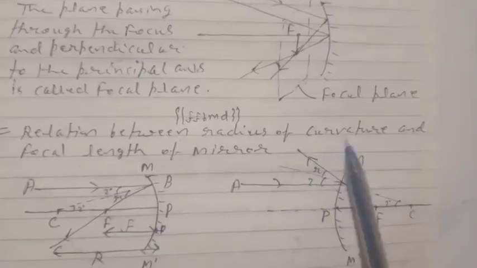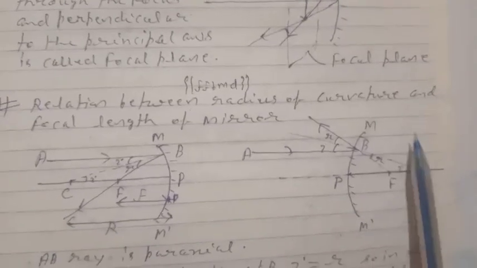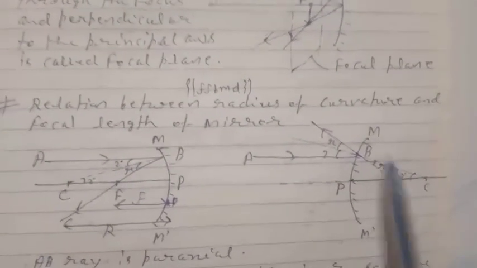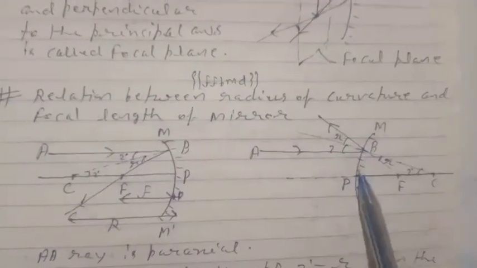Relation between radius of curvature and focal length of the mirror. Here consider two situations, one for a concave mirror and one for a convex mirror.